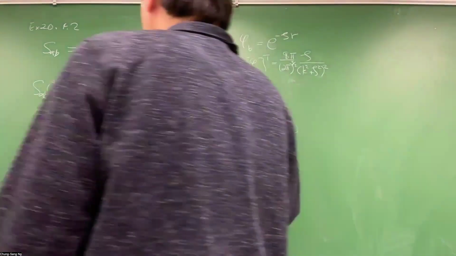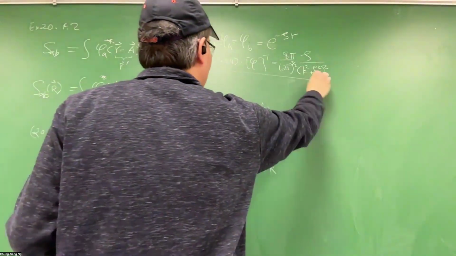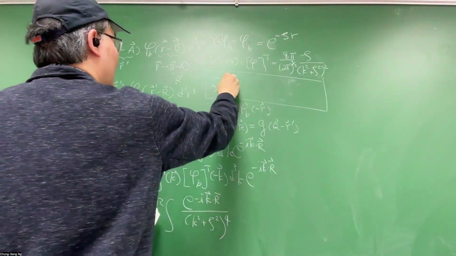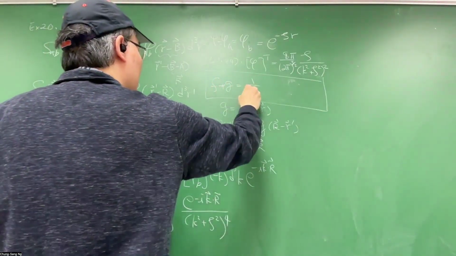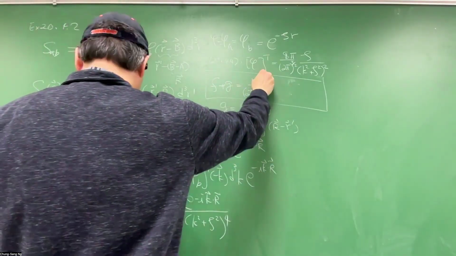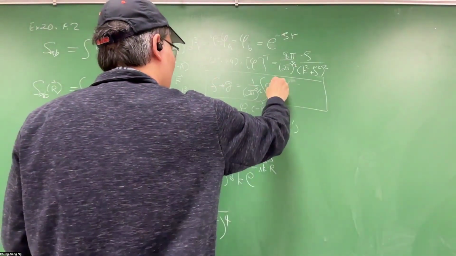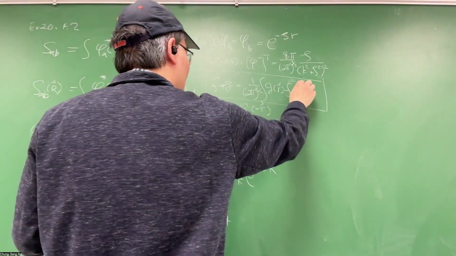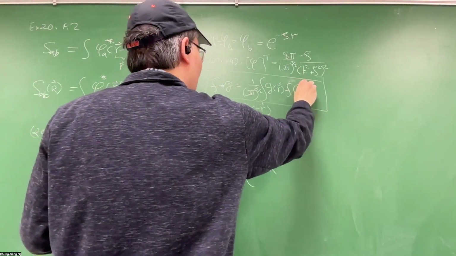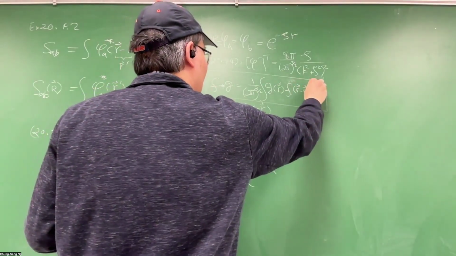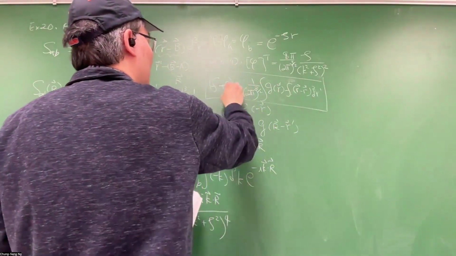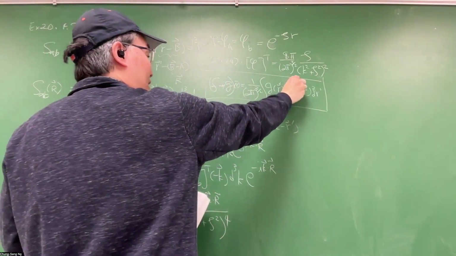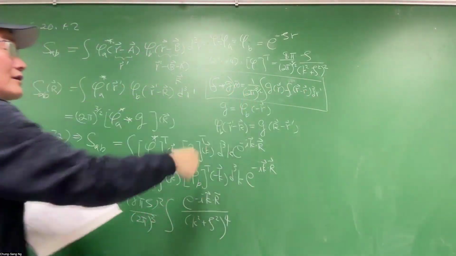So the standard form of the convolution between two functions f and g in 3D is this: g(r') and f(r − r'). And after you integrate over r', this becomes a function of r, right? Because the only other variable left after you integrate over r' is r.